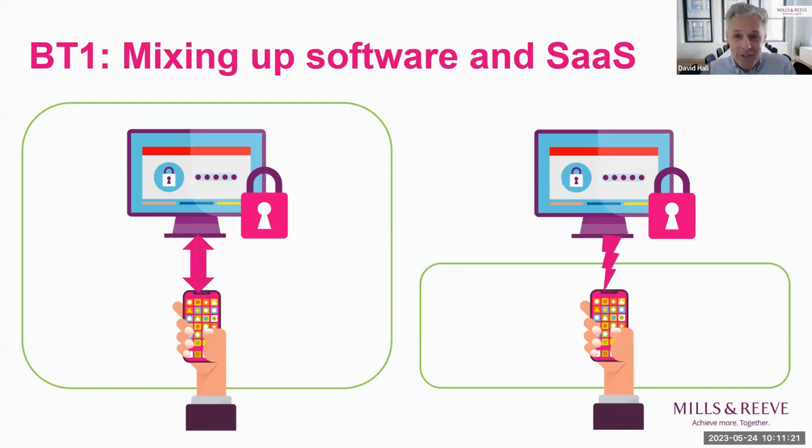That should be sounding to you an awful lot like what we've described on the left-hand side of the slide, because it is. What I've just described there might look and feel like SaaS to the user once it's been installed and implemented, but the supply that your supplier is making to you there is of software.